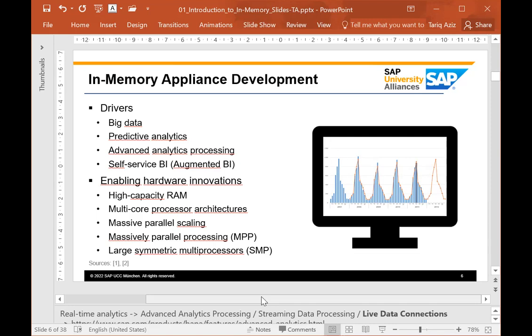We also have a large symmetric multiprocessor, which means we have one big computer with one operating system, and it handles so many processes of our requests. So these were the hardware developments and the market forces that forced us to go for in-memory database. Guys, any question on this part?